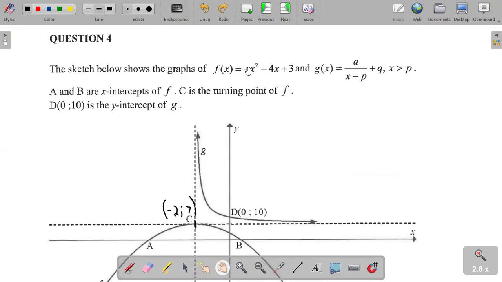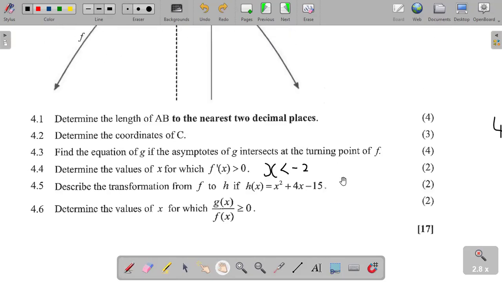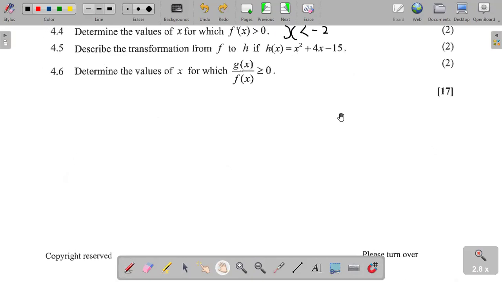And then we have a 15 here. Okay. So what will happen is we are going to reflect something. There is going to be some sort of a reflection because the values are changing from negative to positive. Okay. So for 4.5, how are we going to describe the transformation here?